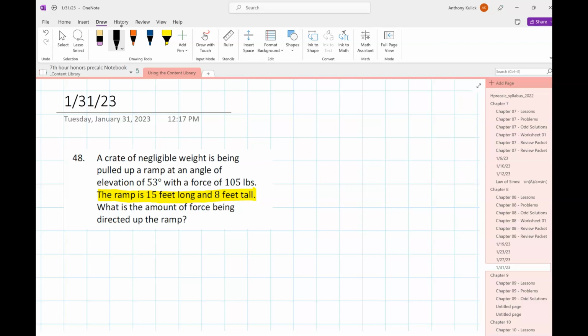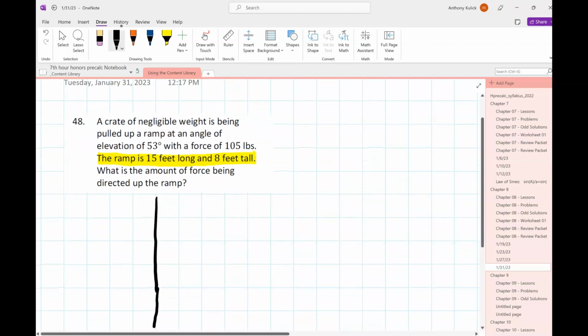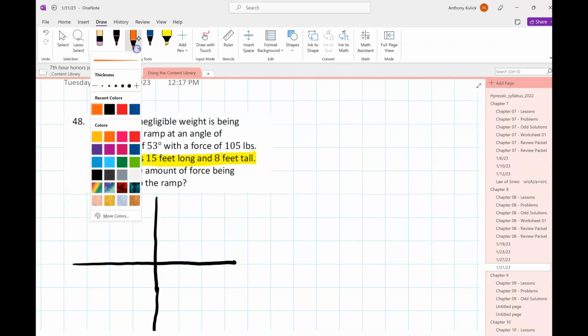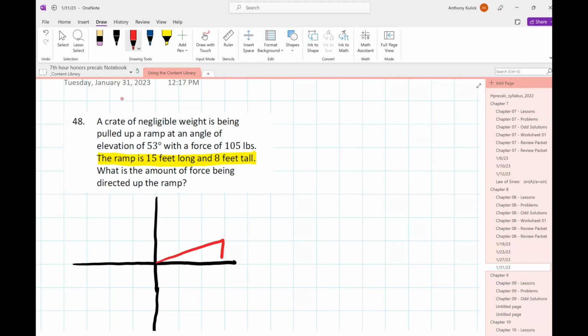So to just get a visual of what we're doing, we have some XY axis, 15 over 8 up. Just do it like that. And then we have some other force at an angle of 53 degrees that's like 105 long. So maybe like that.